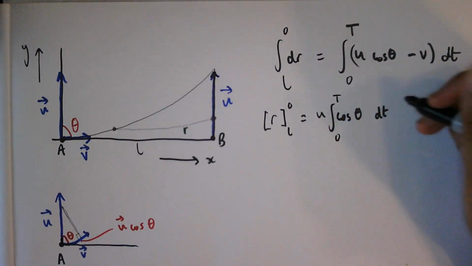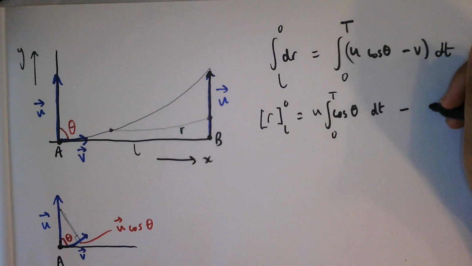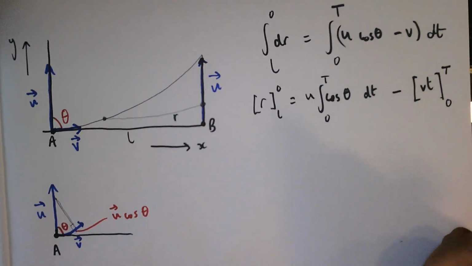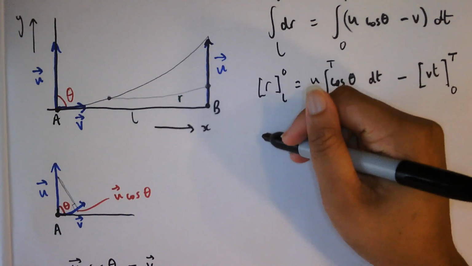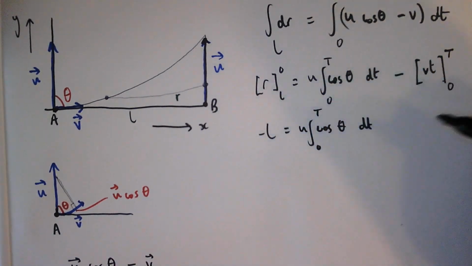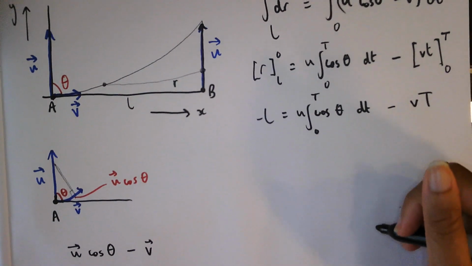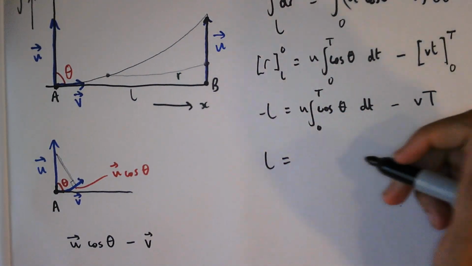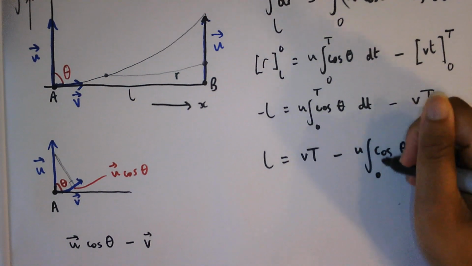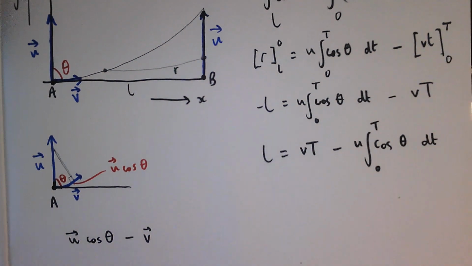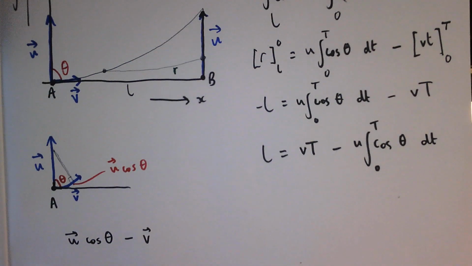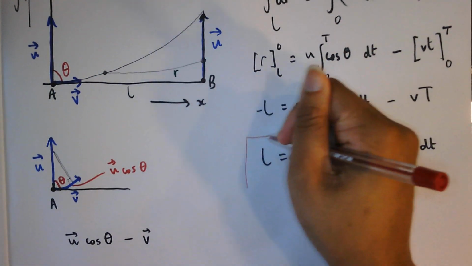So it's 0 to T, and v is a constant, so that would just be vT from 0 to capital T. If I take this further, I have minus L equals u times the integral of cos theta dt from 0 to T, minus vT, which gives L equals vT minus u times the integral of cos theta dt from 0 to T. This is one very important equation, so I'll put a box around that.